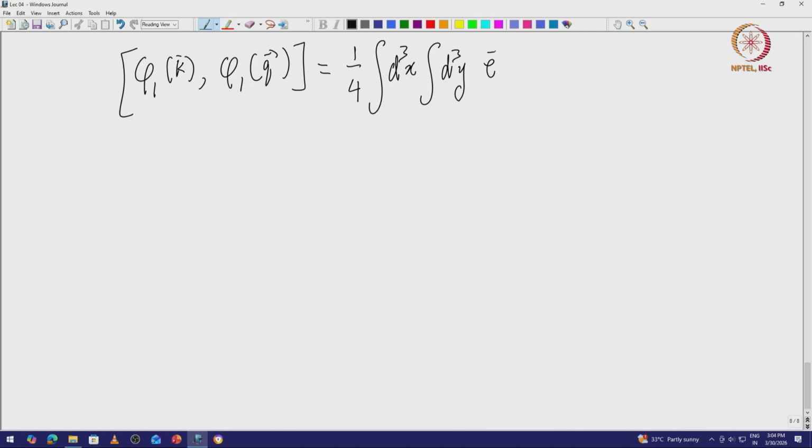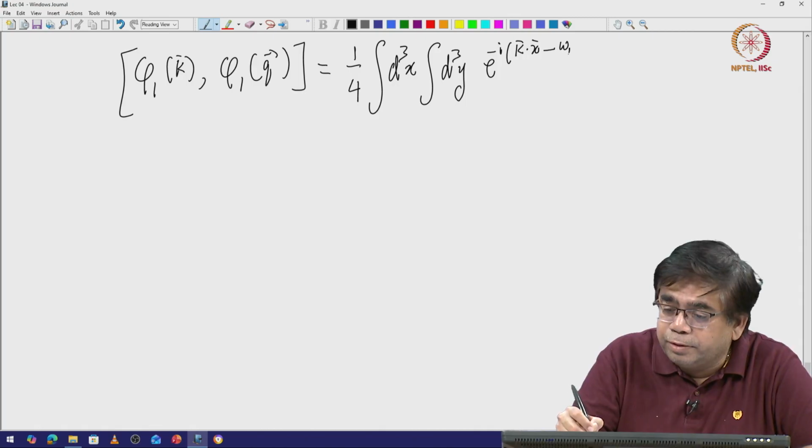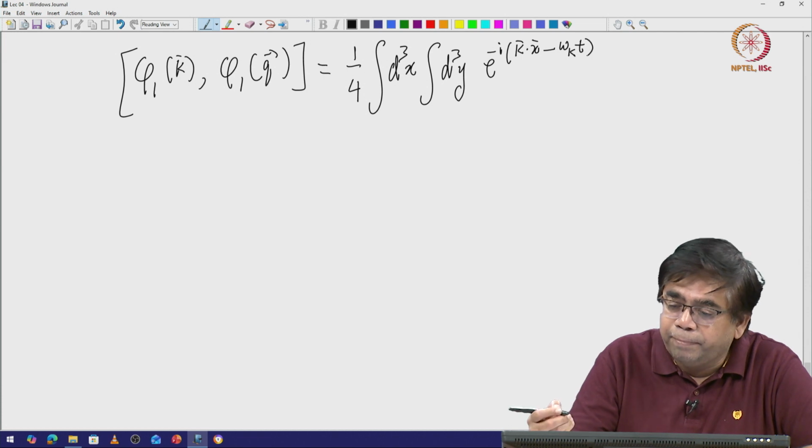So, this gives me e power minus I k bar dot x bar minus omega. One of the momenta is k, so this is omega k t.